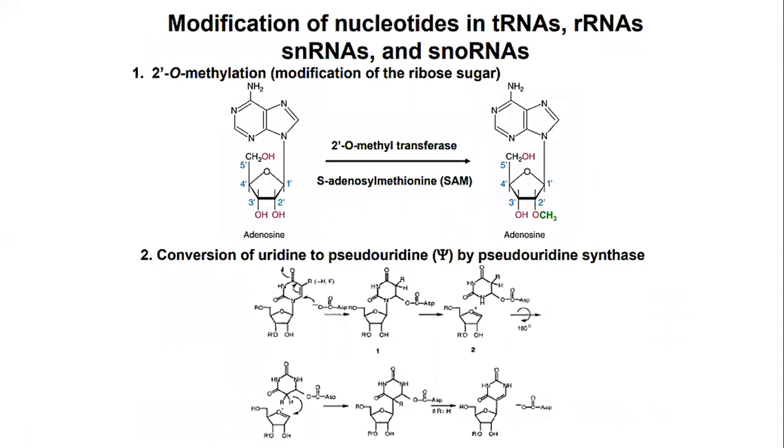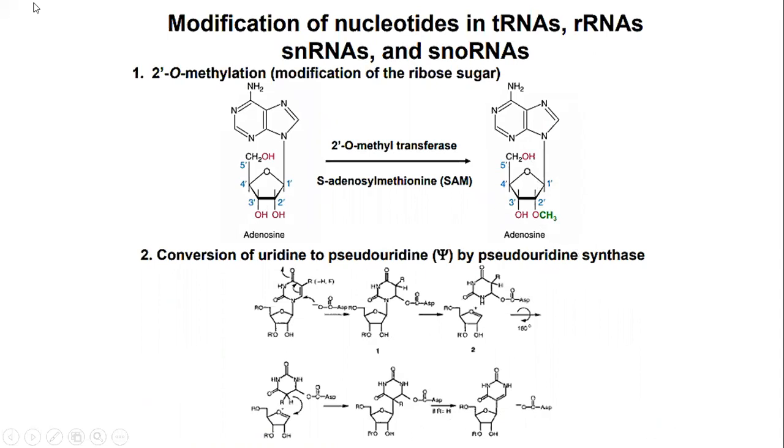These modifications can occur by the action of 2' O-methyltransferase activity, which converts the ribose sugar into a modified ribose sugar. Here, S-adenosyl methionine donates the methyl group, with the addition of a methyl group at the 2' OH group.